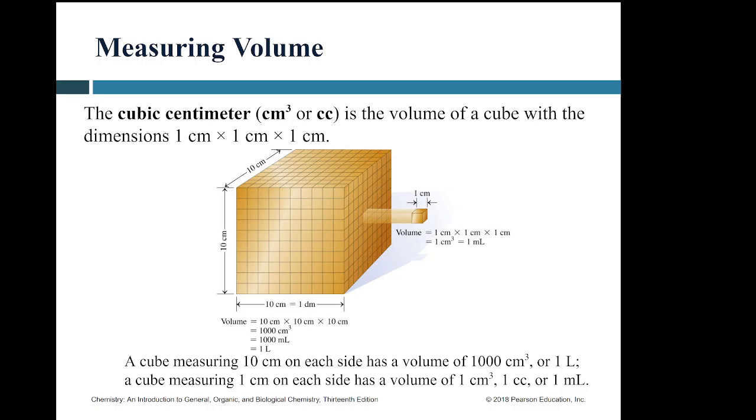A liter is actually a decimeter cubed. Volume is height times length times width, right? So 10 times 10 times 10 would be 1,000. That means there are 1,000 cc's, cubic centimeters, within that.